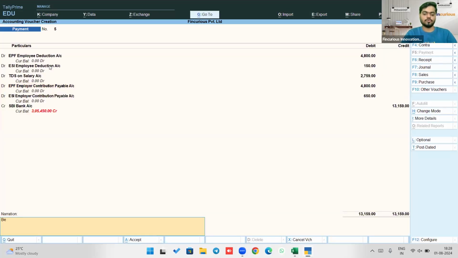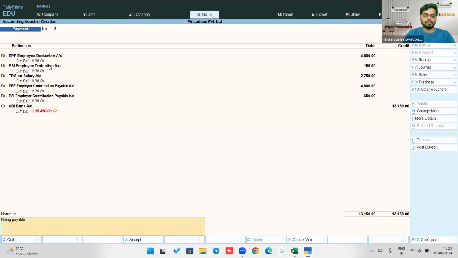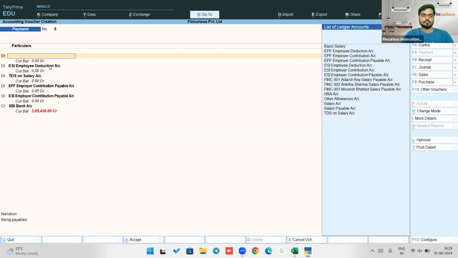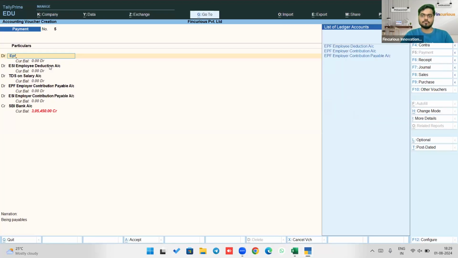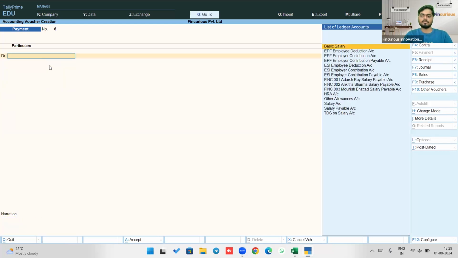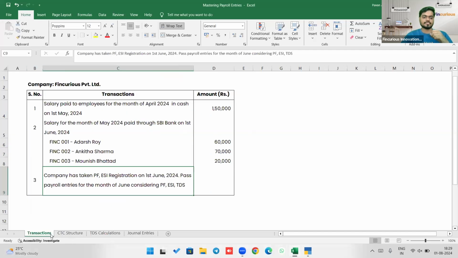So this is how I am going to pass the due entries and payment entries for the payroll, being payables paid for the month of June. Done. So by this, we have completed passing the entries for the given transactions.